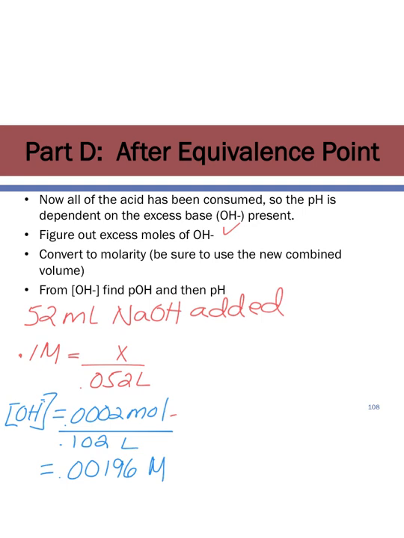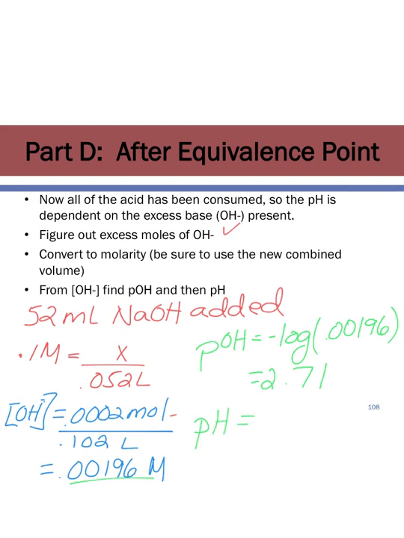We'll change colors. So pOH would be the negative log of this concentration that we just found. That would give us 2.71. So then my pH would be 14 minus that, 11.29.